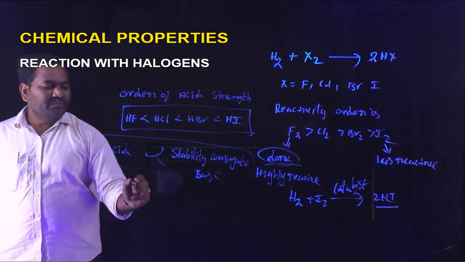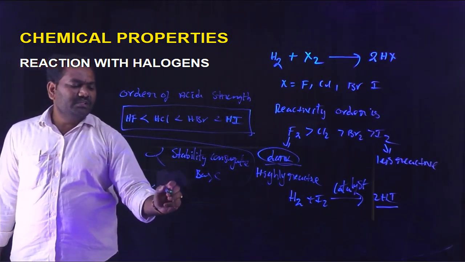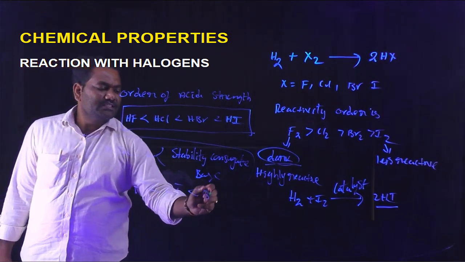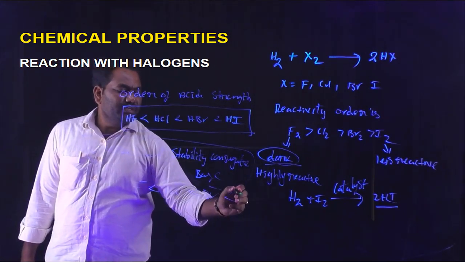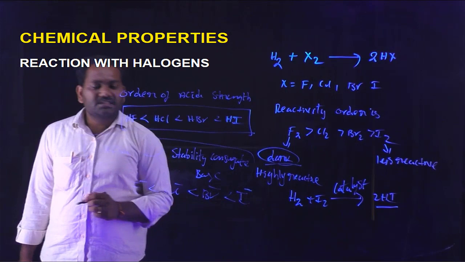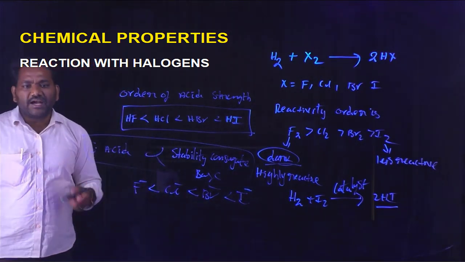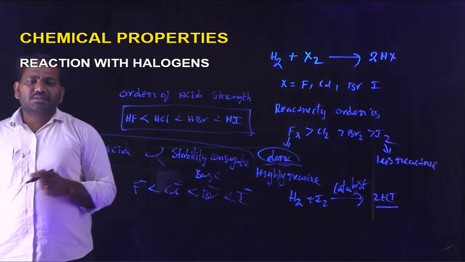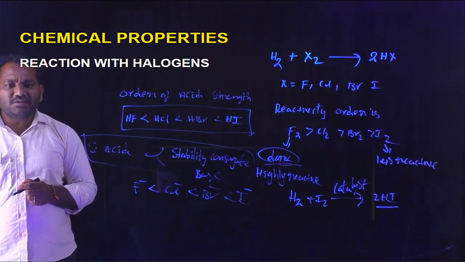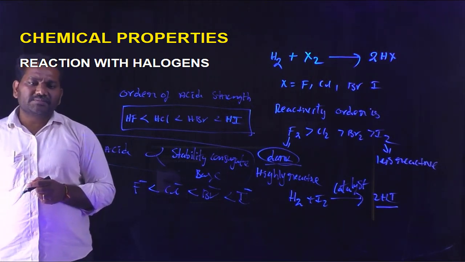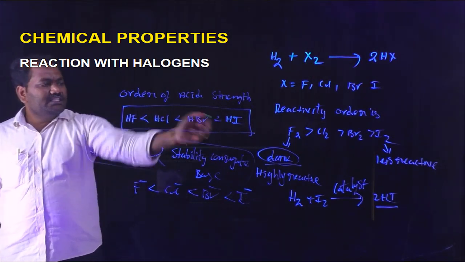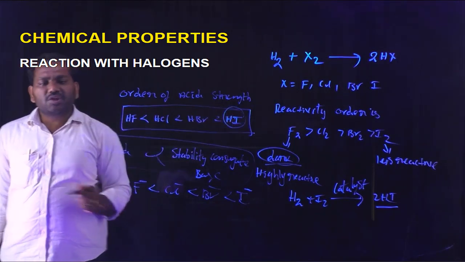Here F minus is less stable than Cl minus, Cl minus is less stable than Br minus, and Br minus is less stable than I minus. So I minus is the most stable. That's why HI is a strong acid.